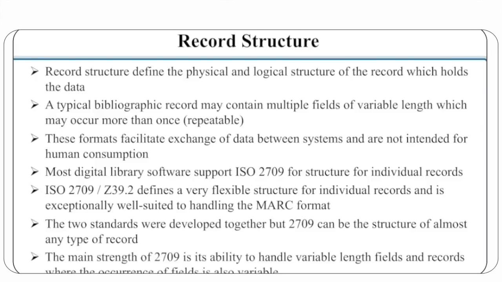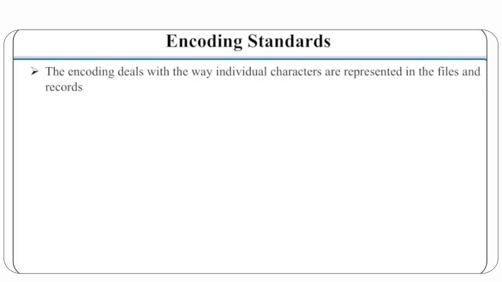The main strength of 2709 is its ability to handle variable length fields and records where the occurrence of fields is also variable.